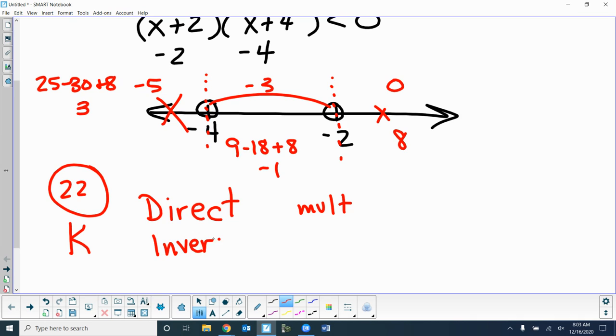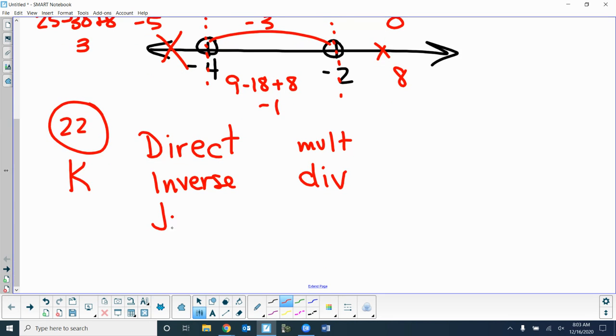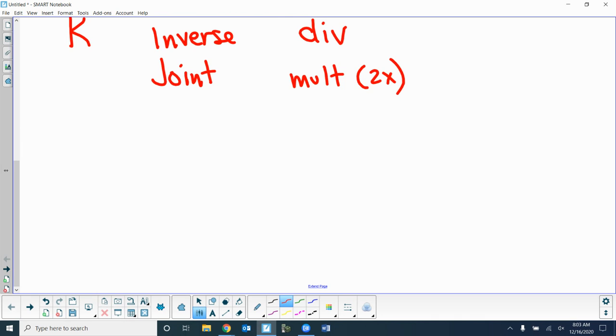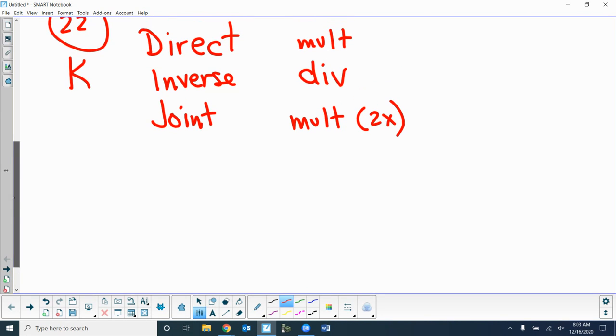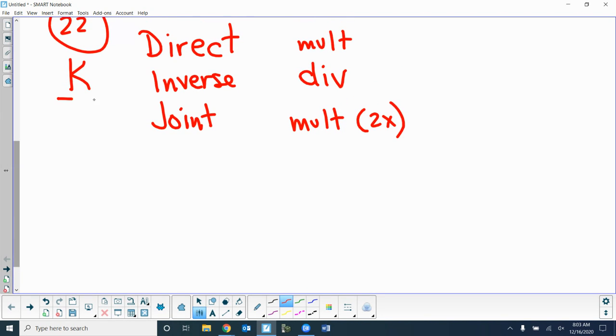Inverse was division. Joint was multiplication at least twice, right? There's a couple things you multiply. So when you see that word varies in a problem, you have to have that constant of variation in there, even though you don't see the K.